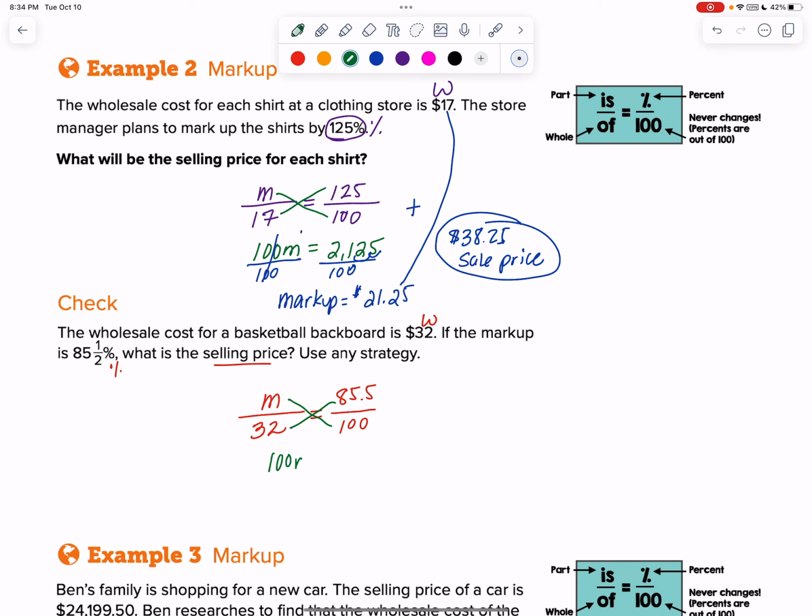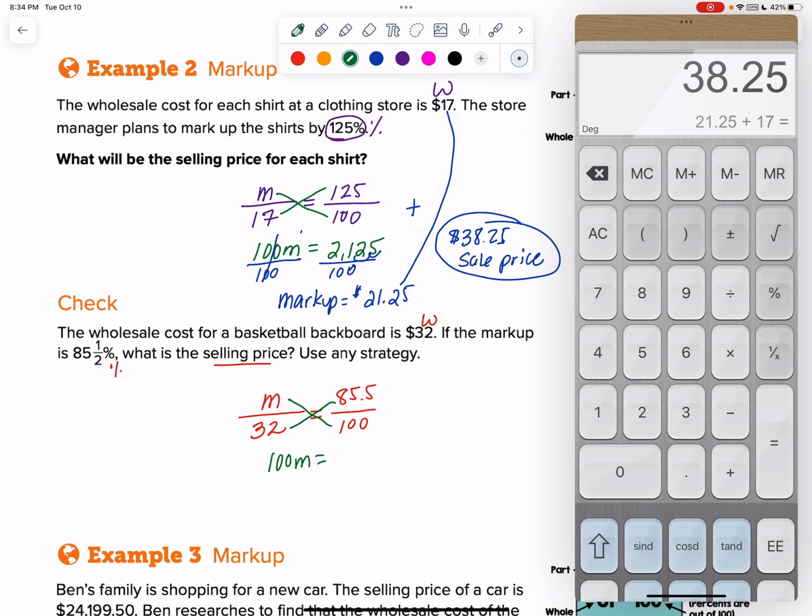And we have 100M equals 85.5 times 32, 2,736. Divide by 100 on both sides to isolate the variable. And we have M equals a markup of $27.36. Okay.